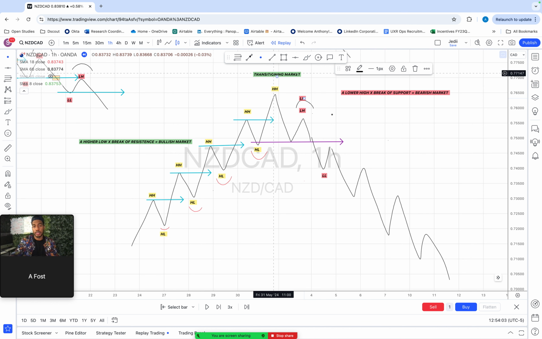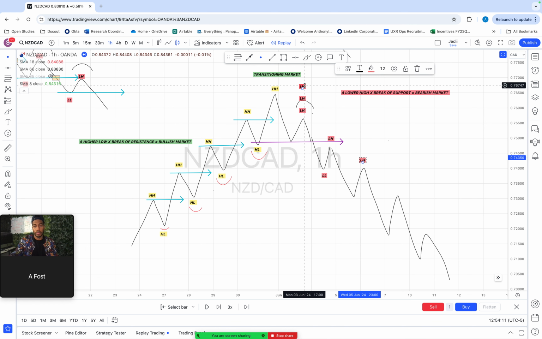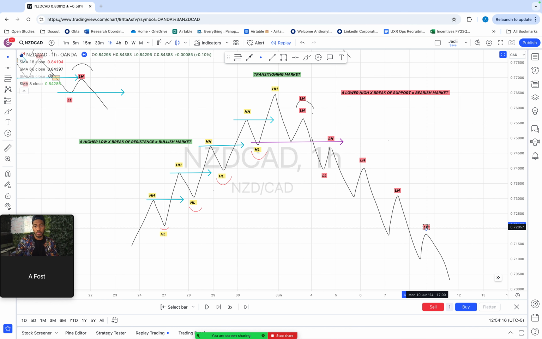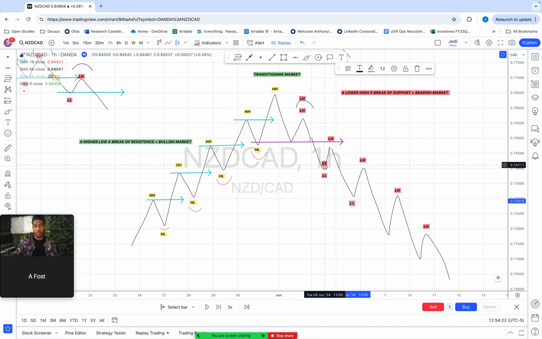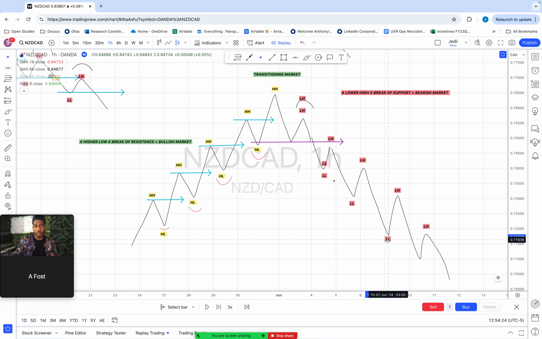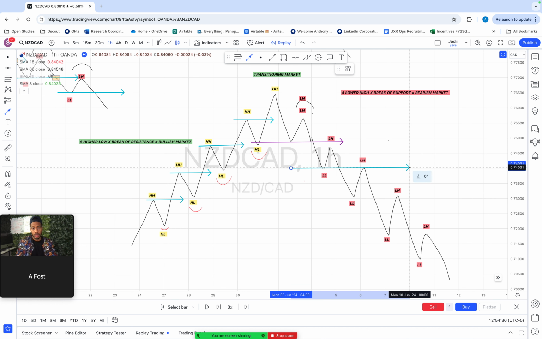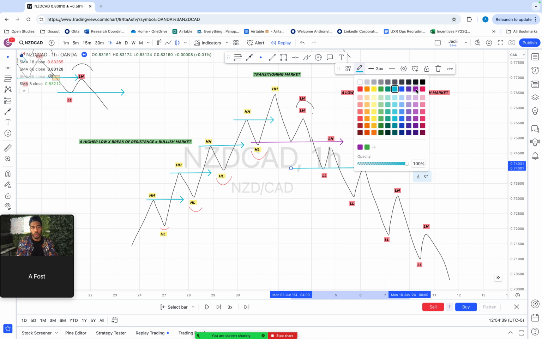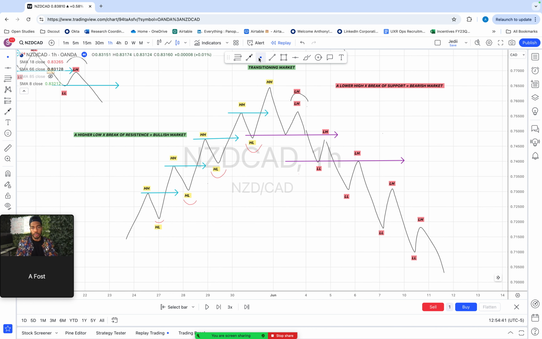Stay organized with this. Break of support, continue bearish market.